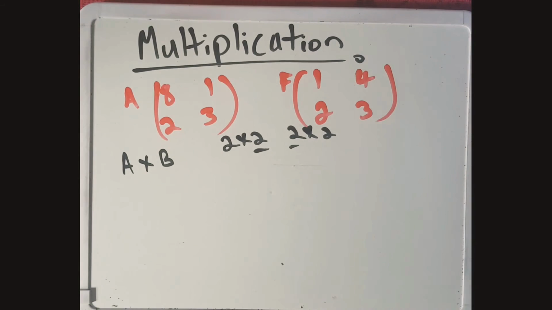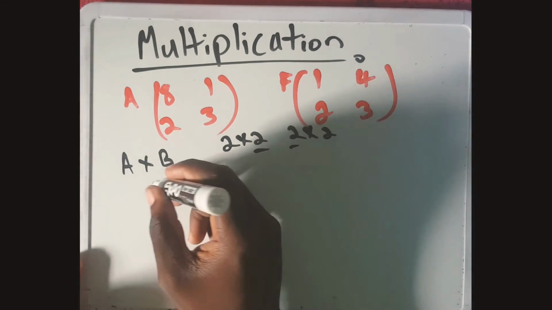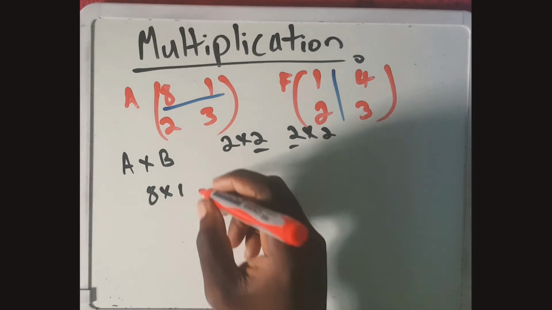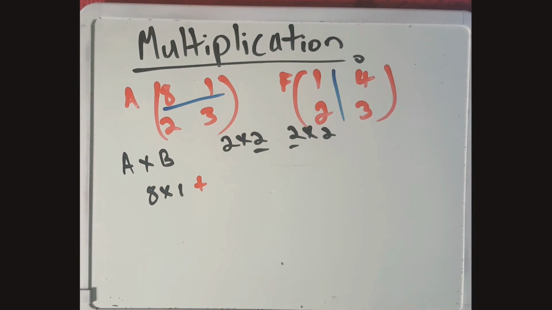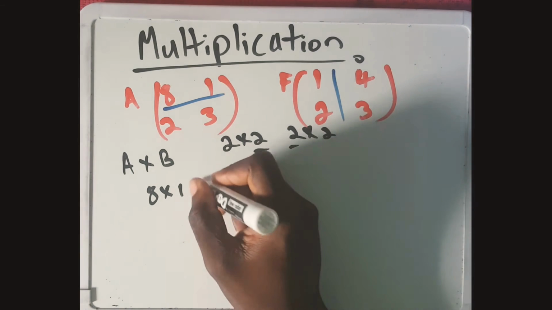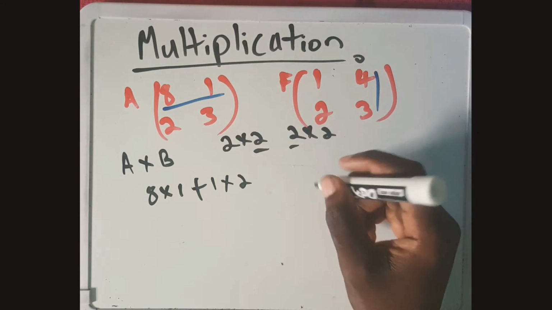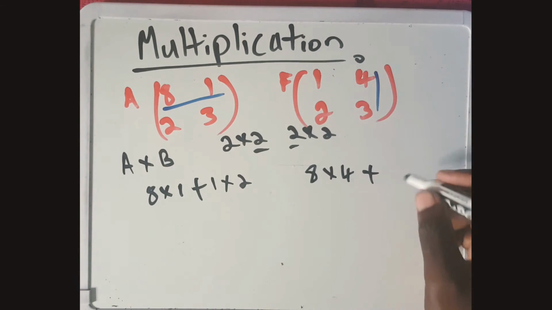Row by column. So 8 times 1, let me write it out. So this is going to be 8 times 1 plus 1 times 2. Then you move to your second column with the same row. So now we have 8 times 4 plus 1 times 3.